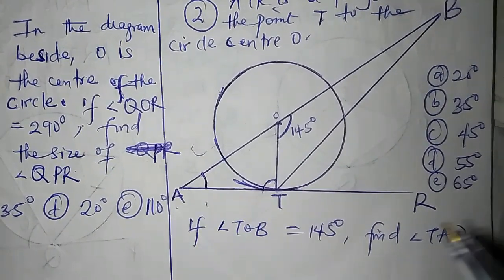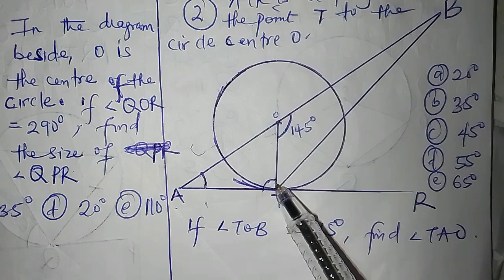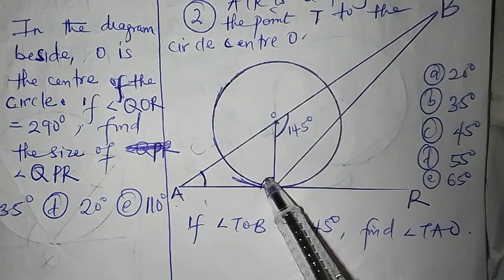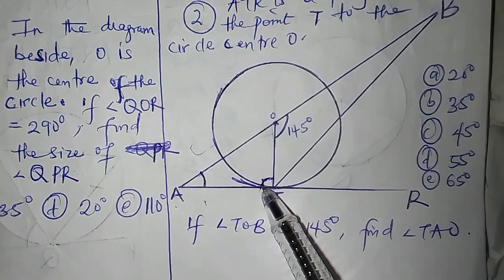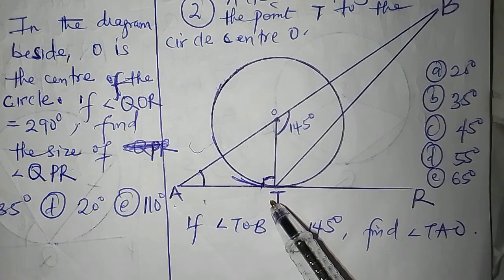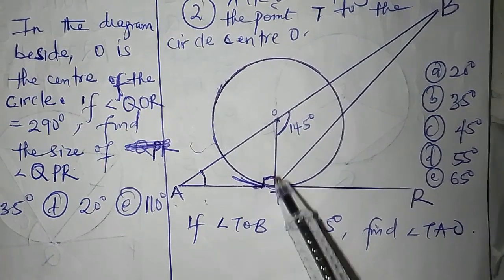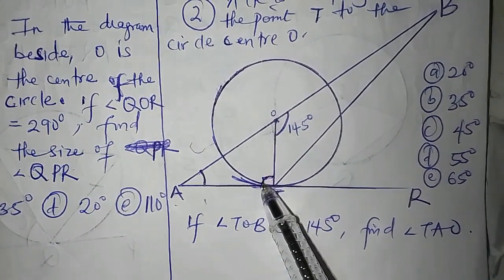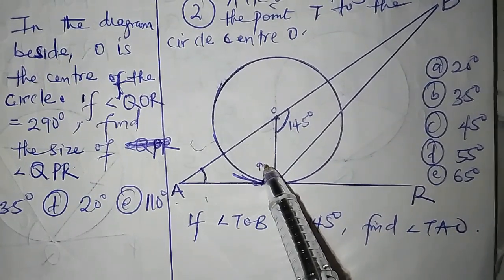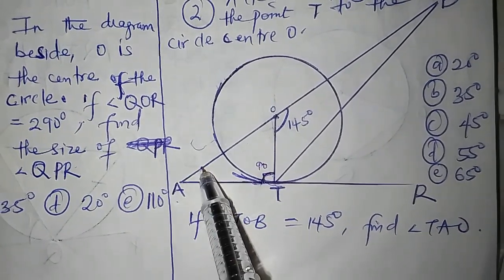Alright, before I solve, I know that the angle formed between this radius and this tangent is 90 degrees, from the theorem which states that the angle between the tangent and the radius is 90. So here is already 90. We are looking for this angle here.